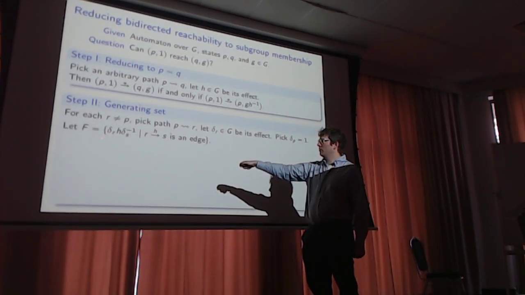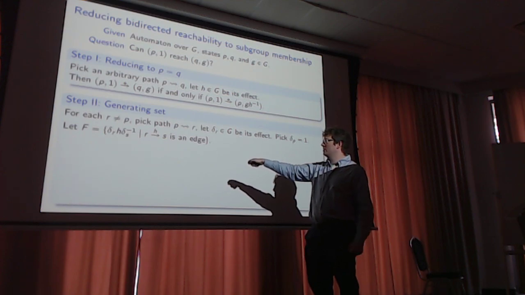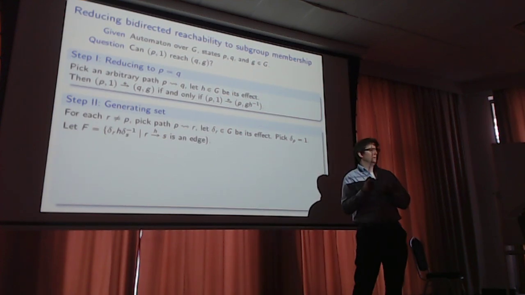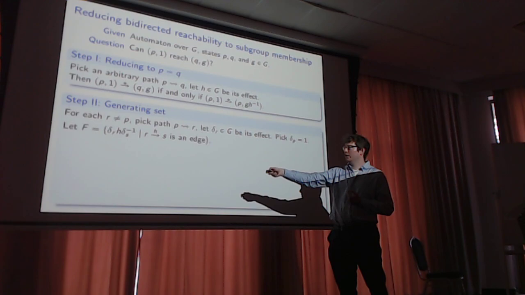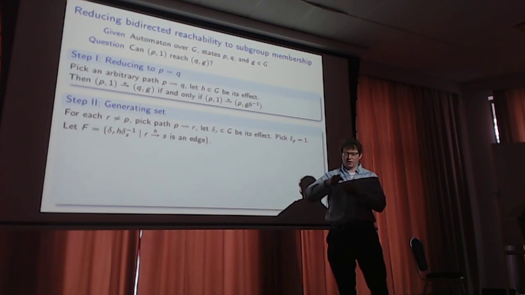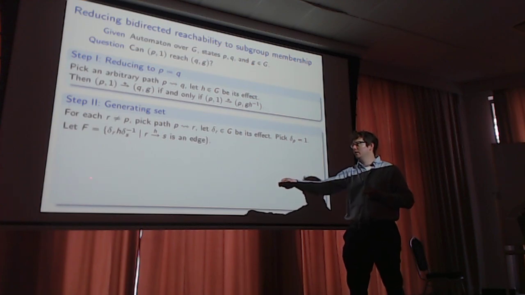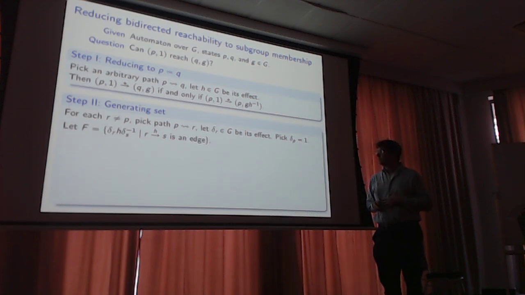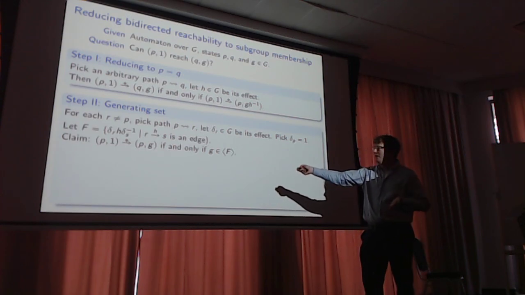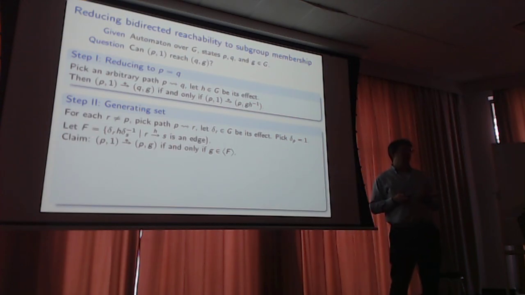It consists of one element for every edge. First you go to R with your favorite path's effect, then you apply H, and then you go back the other way.